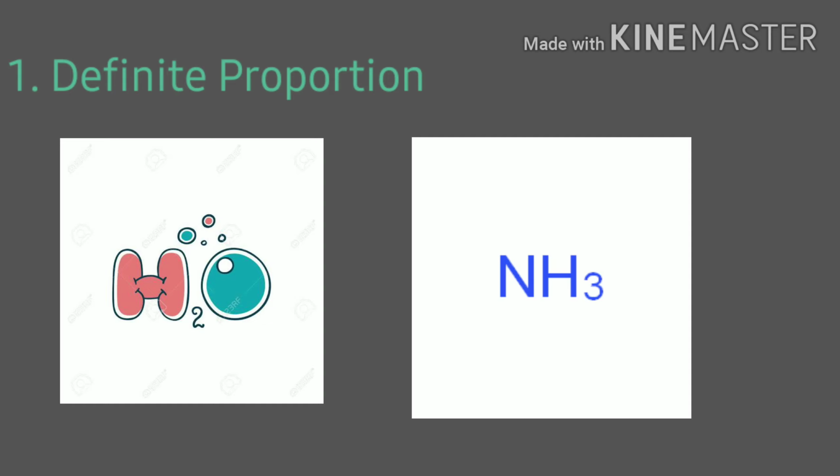Another example is ammonia. Here 1 atom of nitrogen combines with 3 atoms of hydrogen and forms ammonia molecules. Only when 1 atom of nitrogen combines with 3 atoms of hydrogen does it form ammonia. So the first point is that it has a definite proportion.